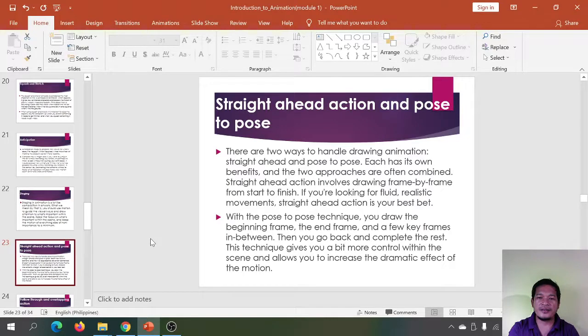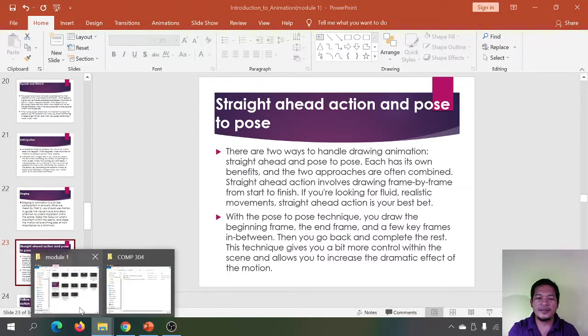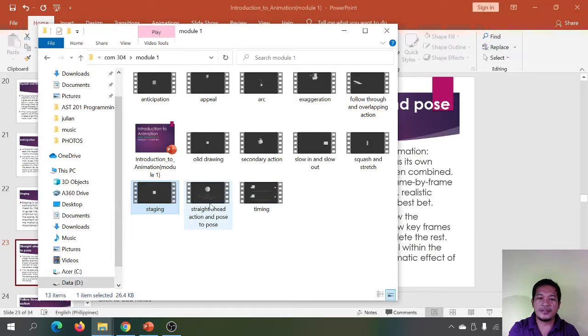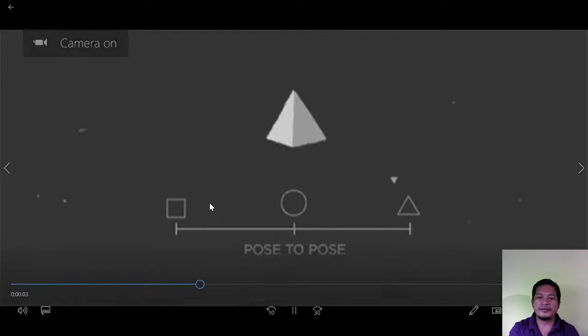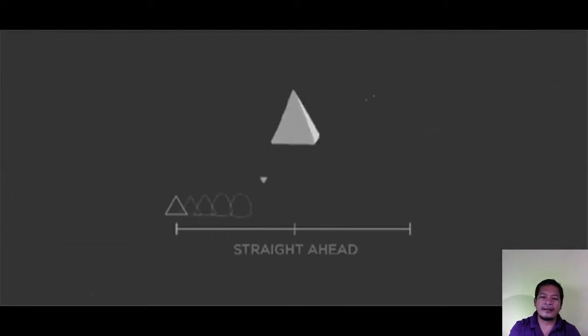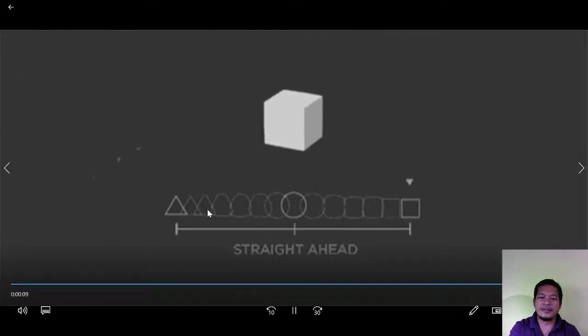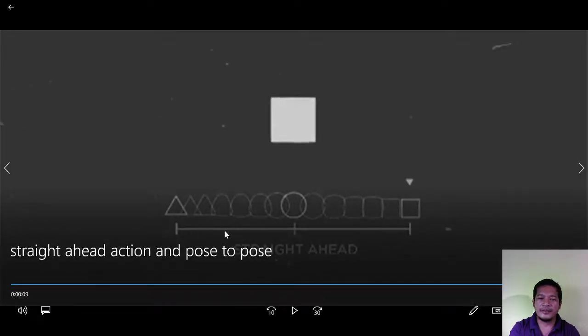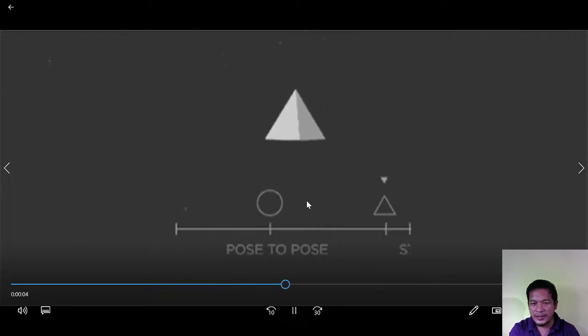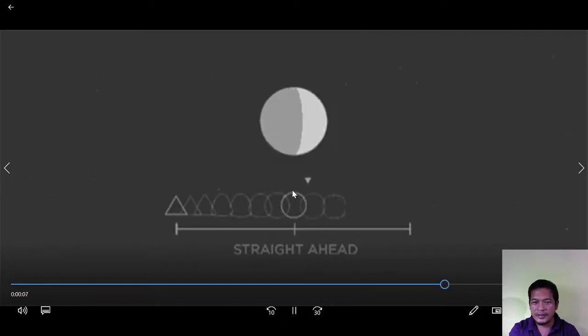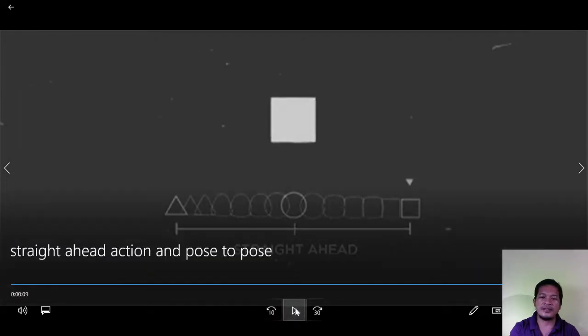So straight ahead action and pose-to-pose sample. So straight ahead and pose to pose. Okay. So as you notice, ang frame motion, balikon. Gikan dinhi hangtod dinhi, hinay hangtod dinhi. Okay. Ang changes sa motion, frame by frame, but the time is different, dili sila mapareha.